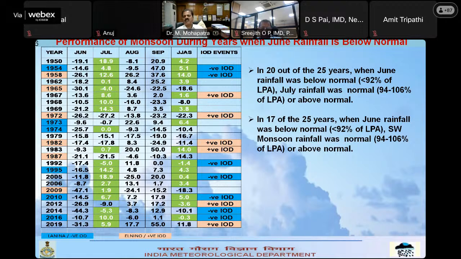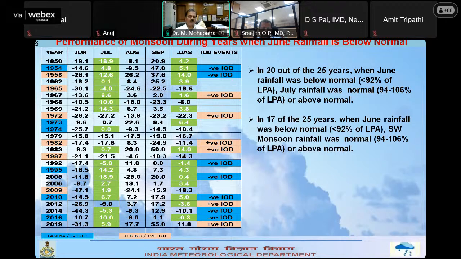Similarly, if I consider June rainfall below normal, that is less than 92%, in 17 out of 25 years southwest monsoon rainfall was normal or above normal. So it gives good confidence that July will have good rainfall activity, and also that the monsoon rainfall for the season is expected to be normal or above normal, just based on statistics.